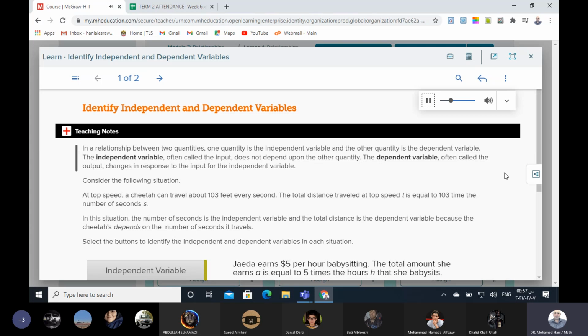Consider the following situation. At top speed, a cheetah can travel about 103 feet every second. The total distance traveled at top speed, t, is equal to 103 times the number of seconds, s. In this situation, the number of seconds is the independent variable and the total distance is the dependent variable, because the distance depends on the number of seconds it travels. Select the buttons to identify the independent and dependent variables in each situation.